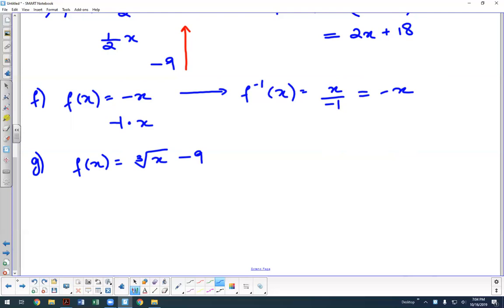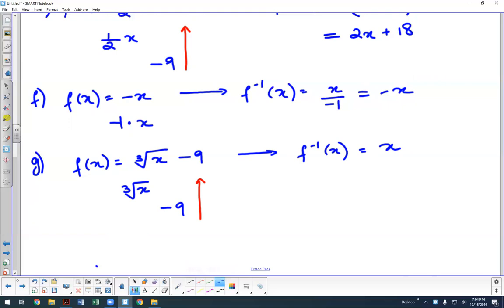So the first operation happening here is the cube root, because that's what we would do first. And then whatever answer we got from here, we would subtract 9 from it. So again, going in the opposite order for its inverse function. Start with the x. So if you're going in the opposite order, what do we do first?